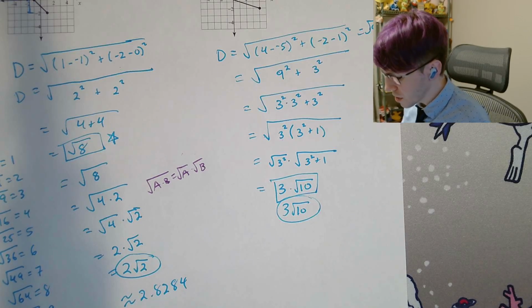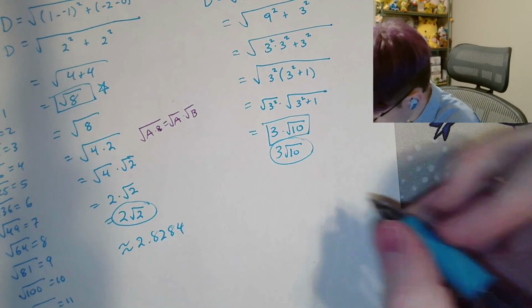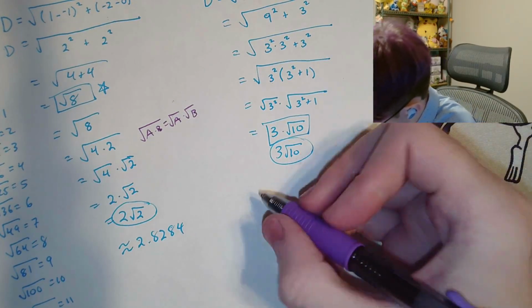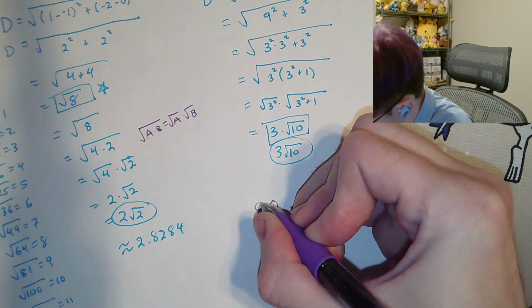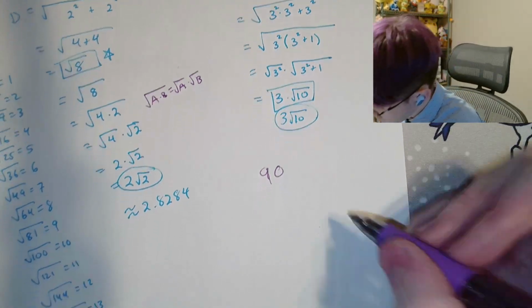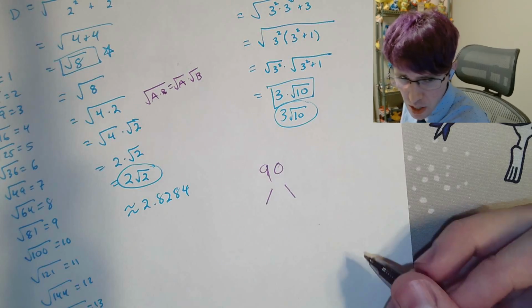I will say one more thing. On this particular question, another one of your teachers might have taught you the quote-unquote tree method. The tree method would have looked like this. You would have ended up with 90, and then you would have divided by your prime numbers the best that you could.